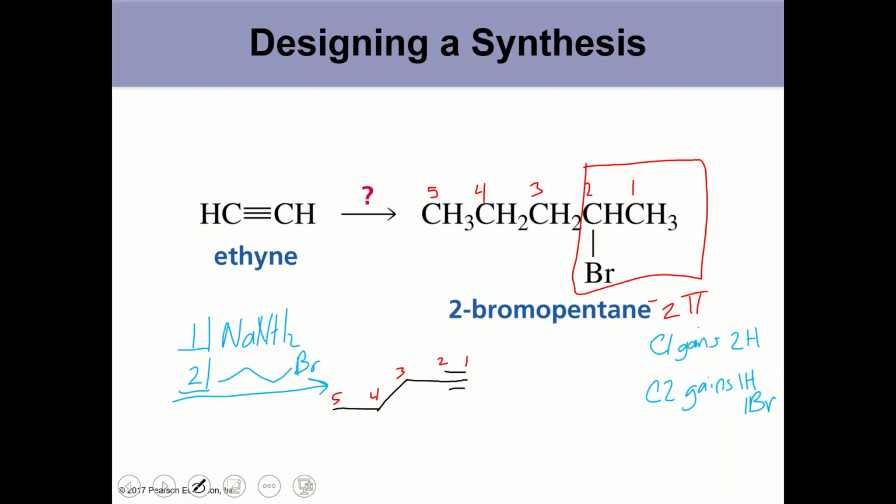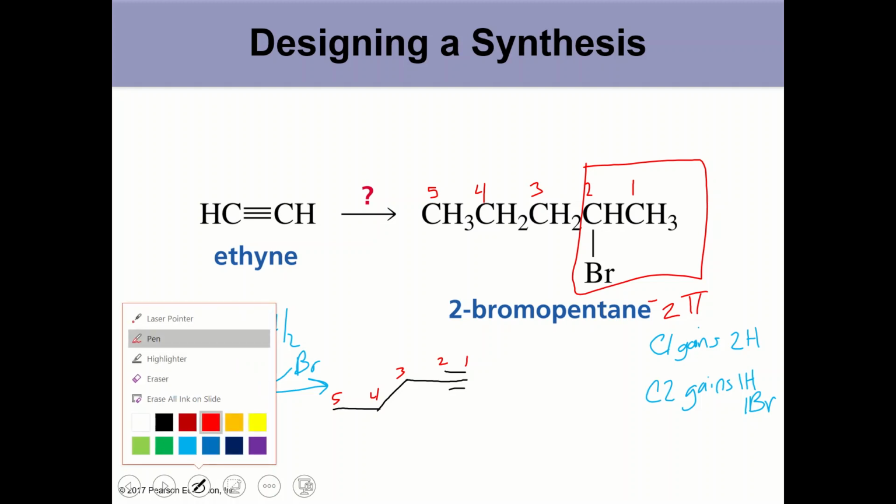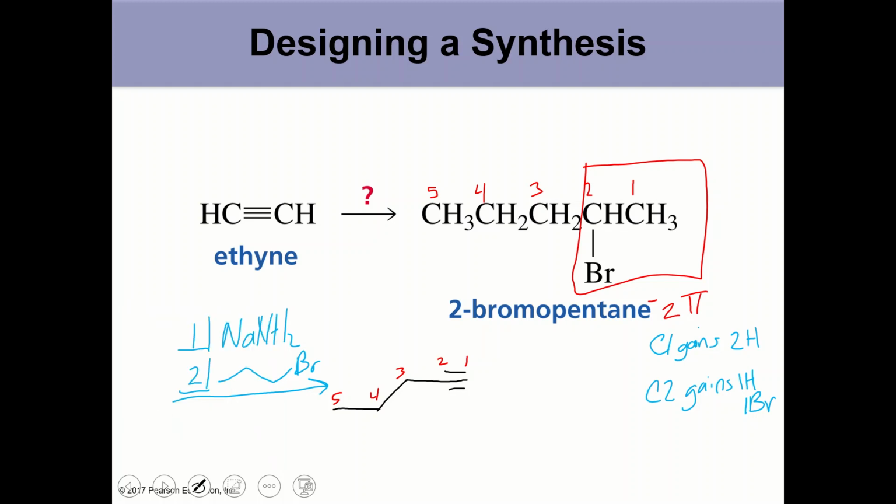And now I want to take my 5-carbon alkyne, add 1 bond to hydrogen and 1 bond to bromine, and then take the other pi bond and add bonds to hydrogen to each carbon. So the options are that I could first make the alkene, and then from the alkene, add HBr.